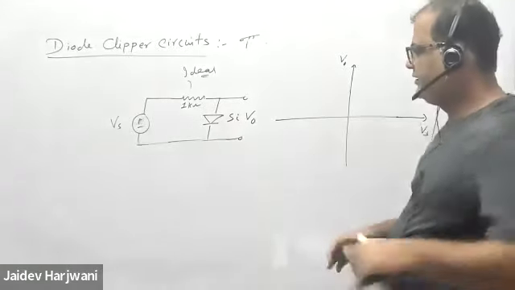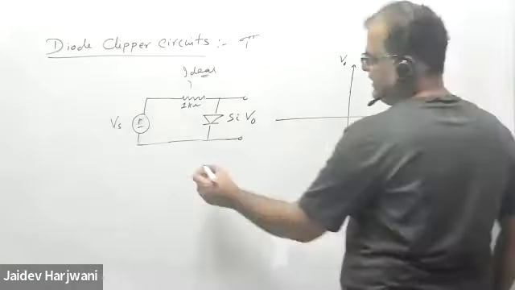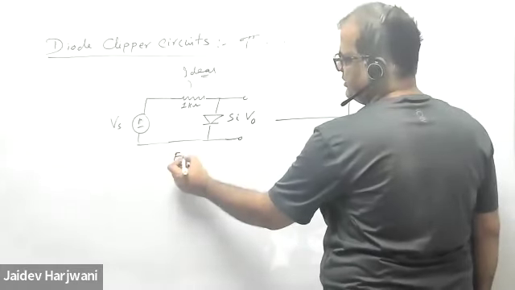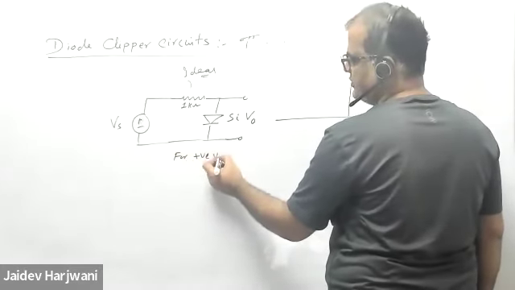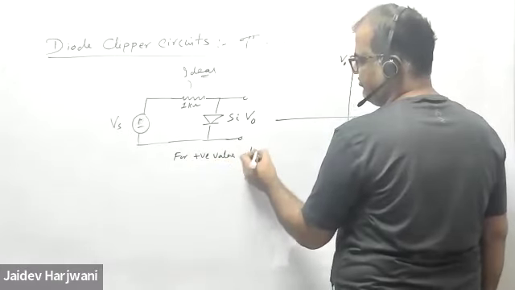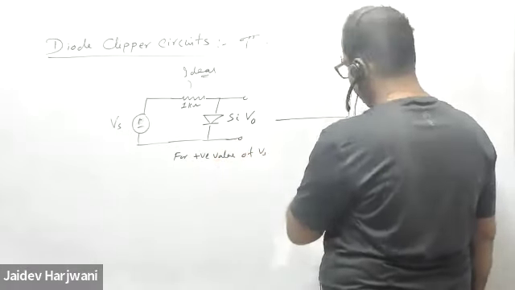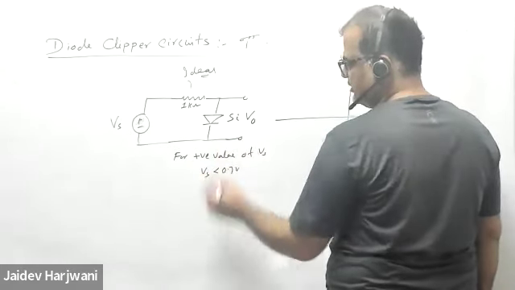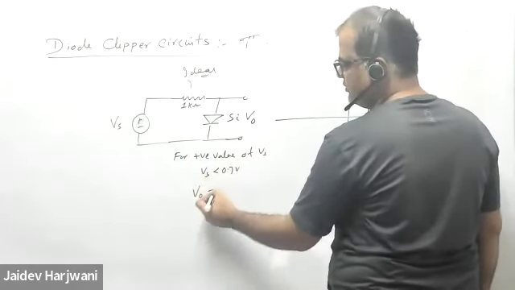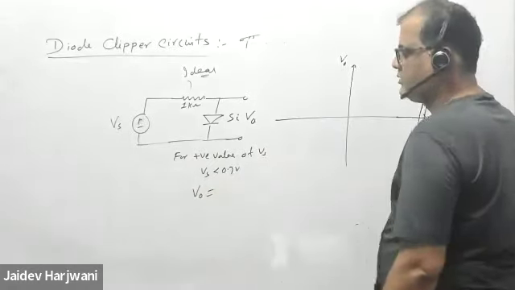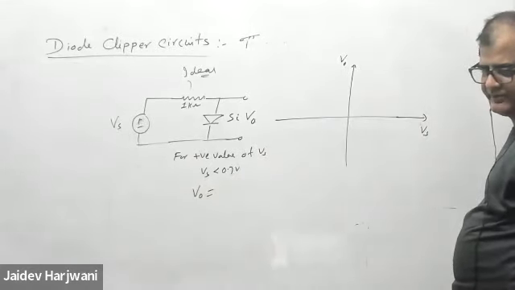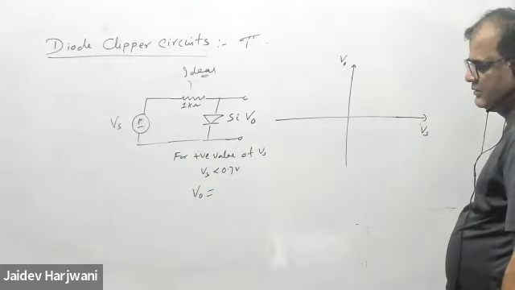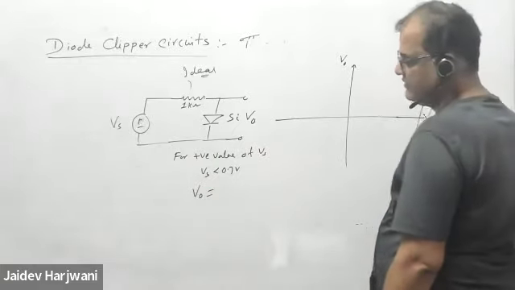So when my Vs is positive, first I'm taking the positive part. If my Vs is less than 0.7 volt, then my V naught will be equal to Vs. Why?